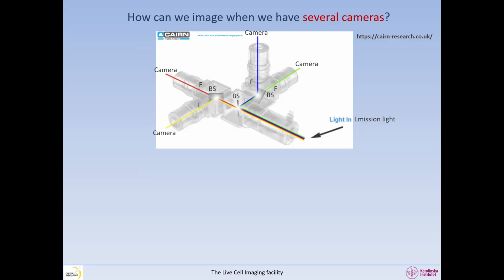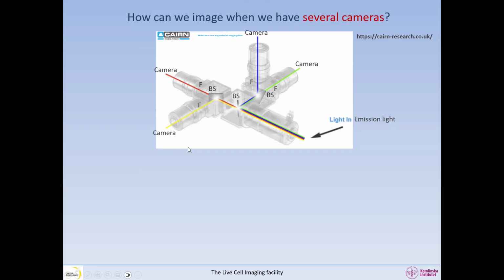Everything comes at the same time from all your fluorophores to different secondary beam splitters, which in turn again will send the light via filters to the different cameras. The blue light will reach one camera, green, and so on and so forth.